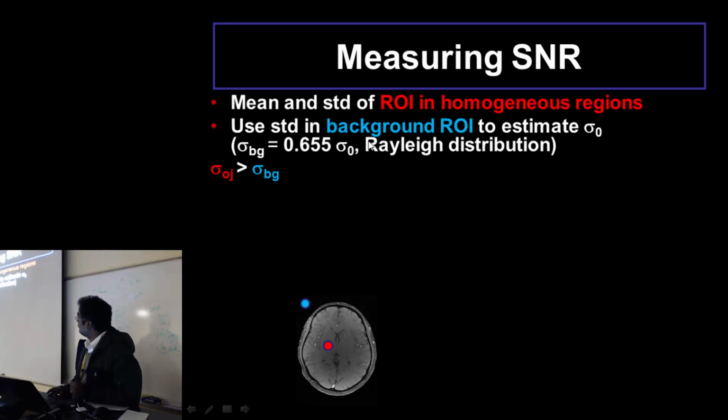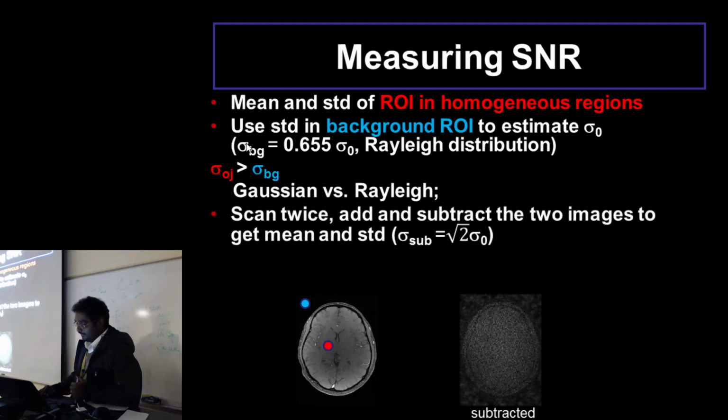This is the standard deviation of the noise in the object, where there is signal, whereas this is the noise standard deviation in the region outside.